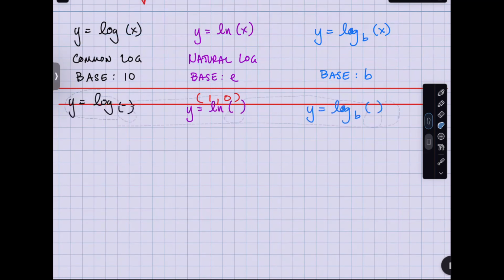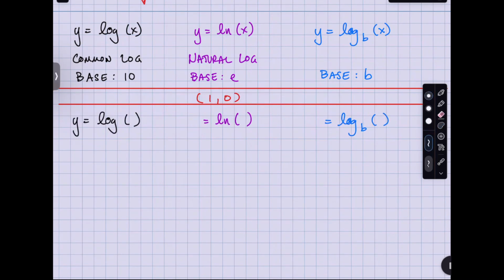Oops, I made a boo-boo. We said that if we take the log of 1, it'd be 0. If we take the natural log of 1, we get 0. And if we take the log base b of 1, it equals 0. Right? Because that's the x comma y. It doesn't matter what the base is. I still get the log of 1 equals 0. Don't believe me? Take the log of 1 and tell me if it equals 0. Take the ln of 1, see if it equals 0. Yup.